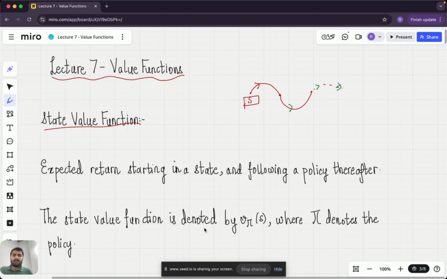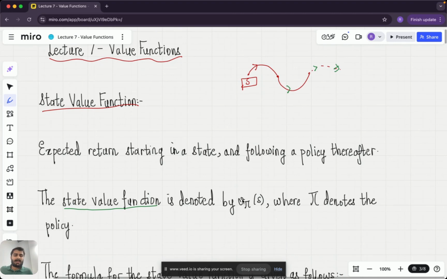So the state value function is denoted by this symbol, which is called v subscript pi of s. This means that we are calculating the value of this state s when the agent follows a policy pi. We are going to stay consistent with this notation v pi of s.